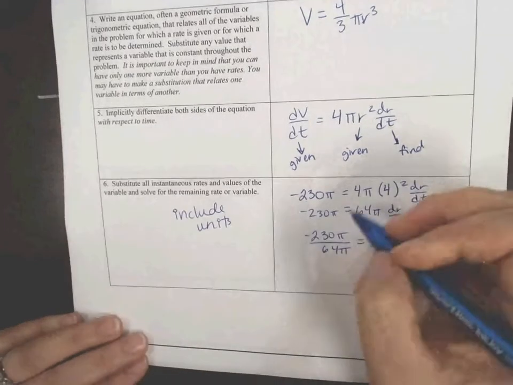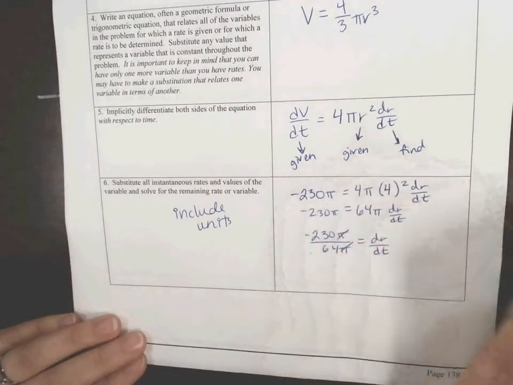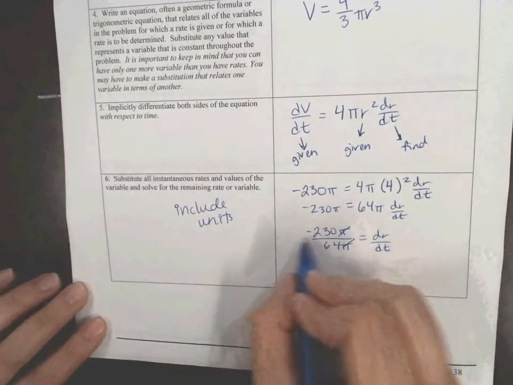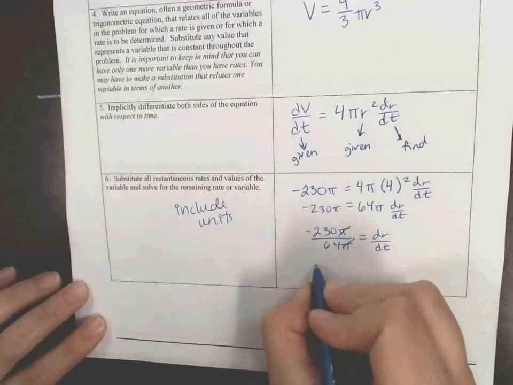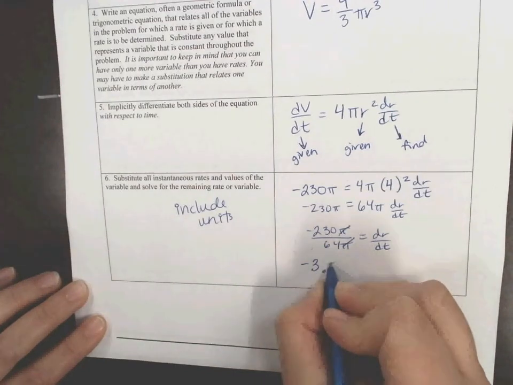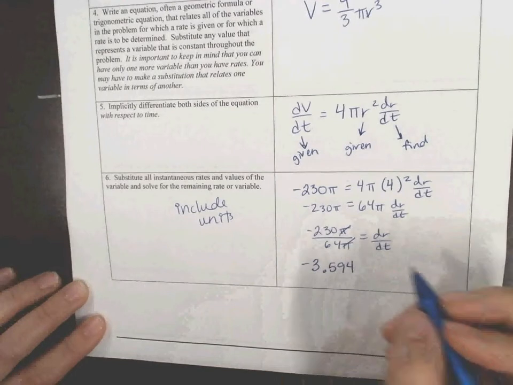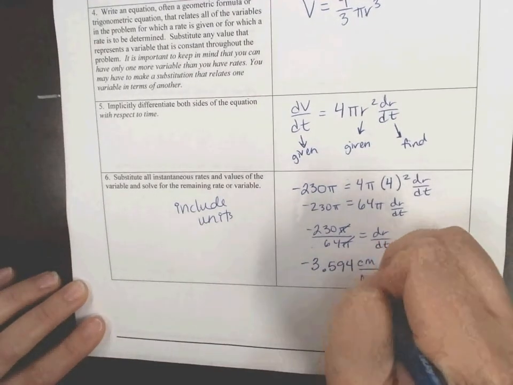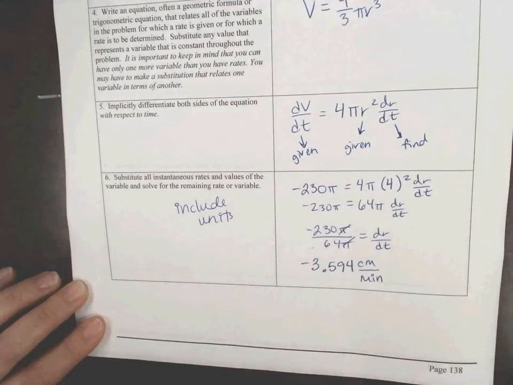I do not have to clean this up if it's a free response, but the pi's will cancel out, and if I wanted a decimal answer, because sometimes these are calculator problems, this would be negative 3.594. Now we want to include our units, which we had found earlier, centimeters per minute.